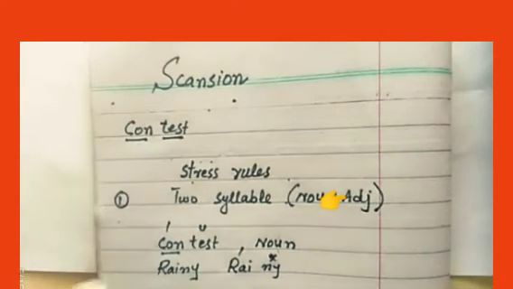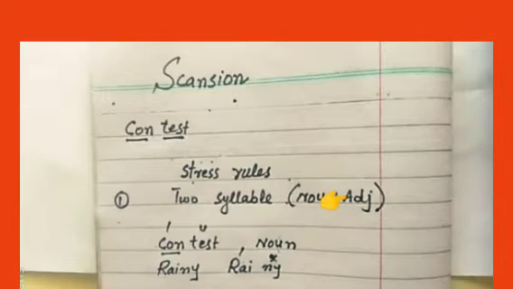So this is rule number one, that if a word has two syllables and that word is a noun or adjective, then we will put emphasis or we can say stress on the first syllable. For example, the word contest and rainy. Contest is a noun, so it will be pronounced as contest. Rainy is an adjective, so it will be pronounced as rainy.